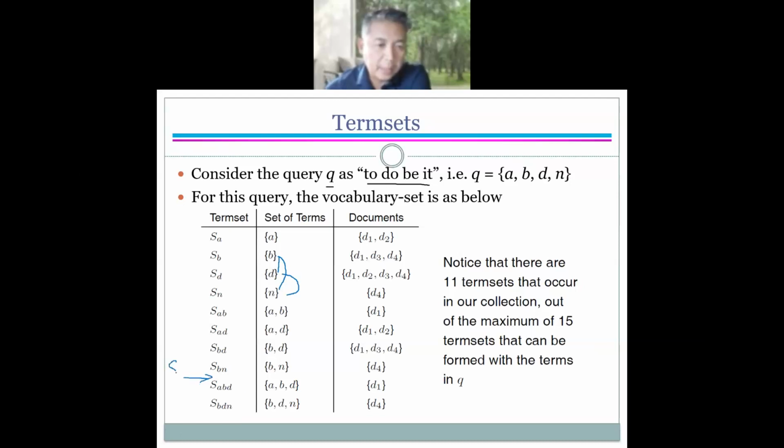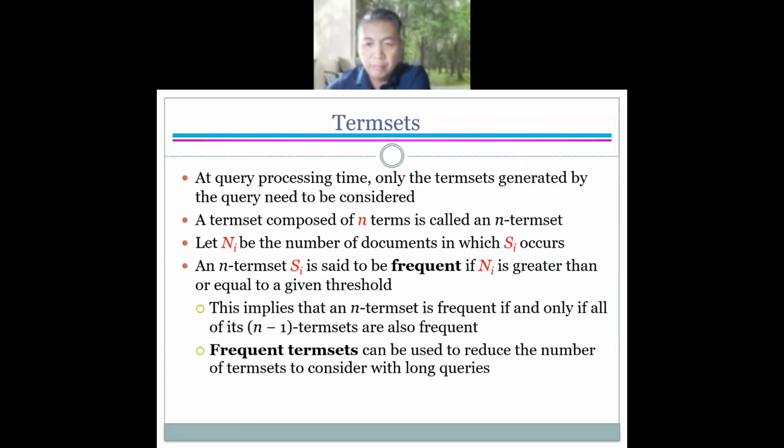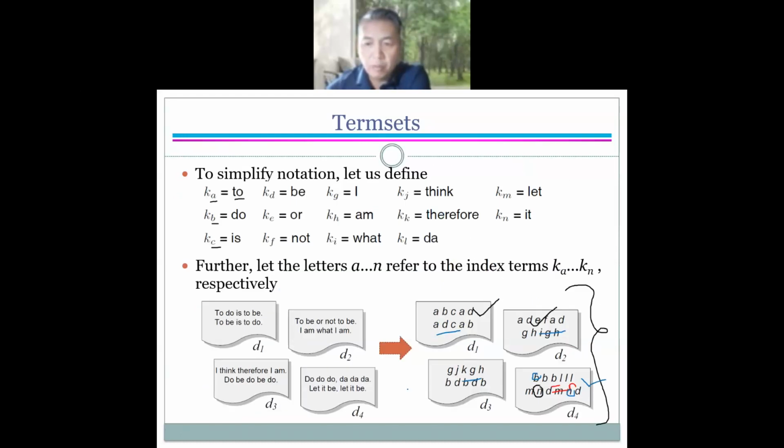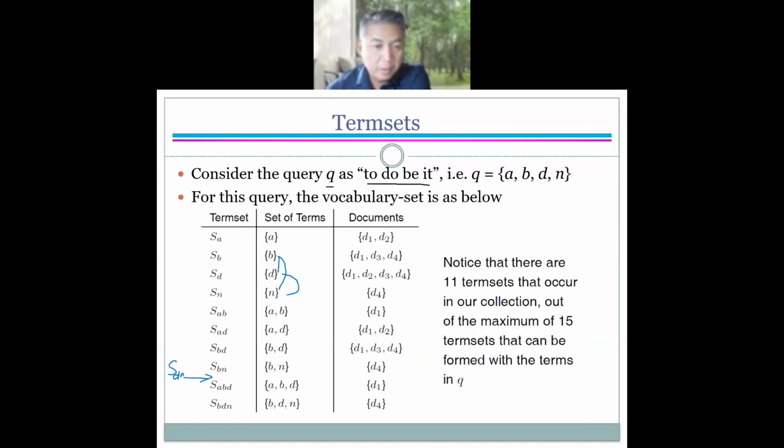So we have D, N, where we have document 4, D and N, right? So D and N, document 4. Okay, so we complete with that one.